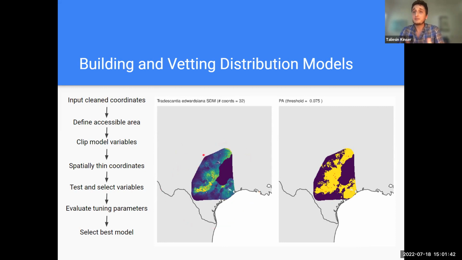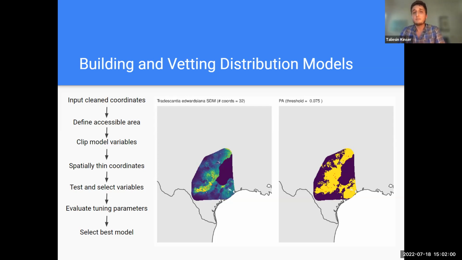We take the different environmental variables that are being used to build those models, the climatic, topological and soil variables, and we clip them to that area. We can also automate thinning of some of those coordinates.